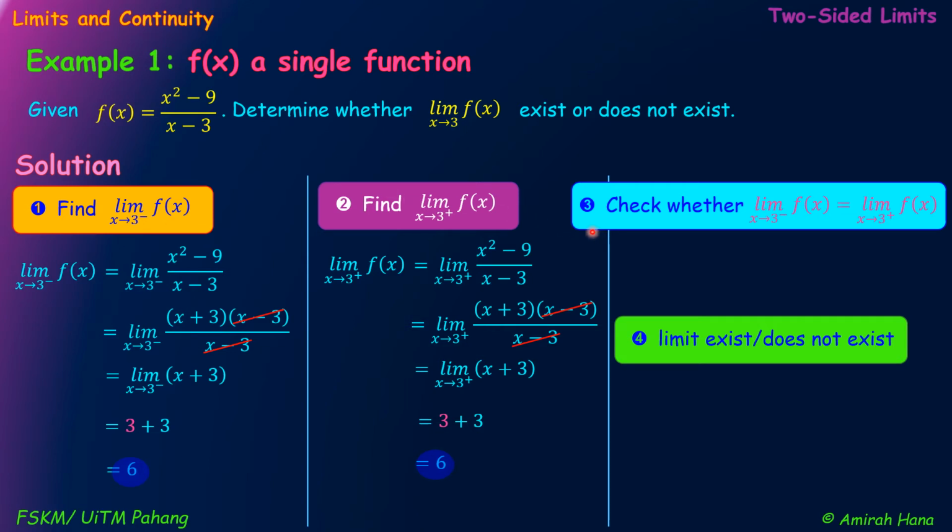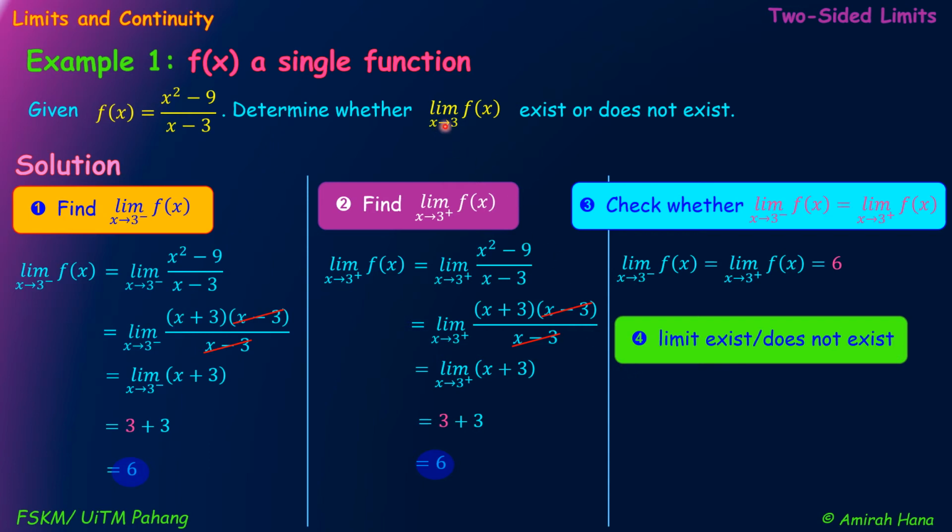Now we continue with step 3. Check whether the limit as x approaches 3 from the left of f(x) equals the limit as x approaches 3 from the right of f(x). From here, we can see that the left limit equals the right limit, which equals 6. Then we can continue with step 4.